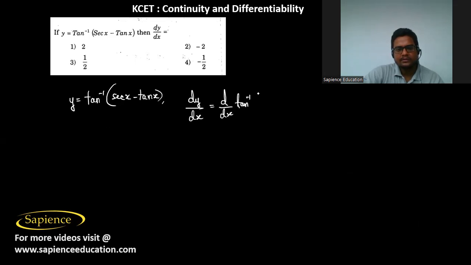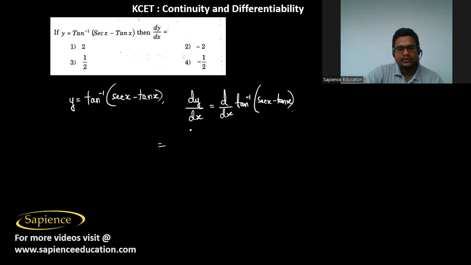So then here it is told that if y equals tan inverse of sec x minus tan x, then dy by dx is how much? So then dy by dx will be equal to d by dx of tan inverse of sec x minus tan x.